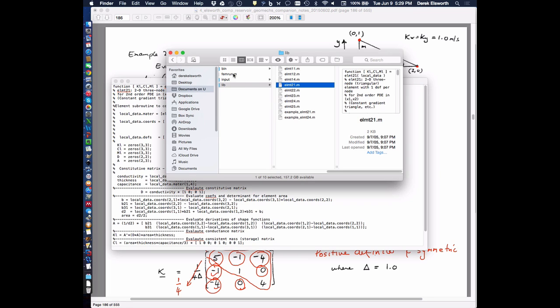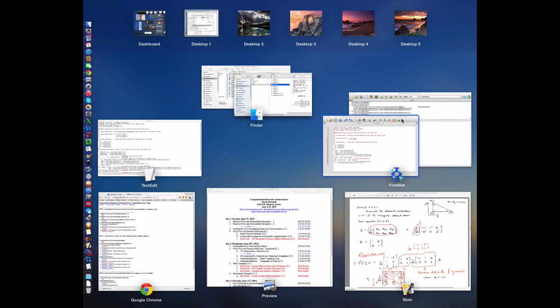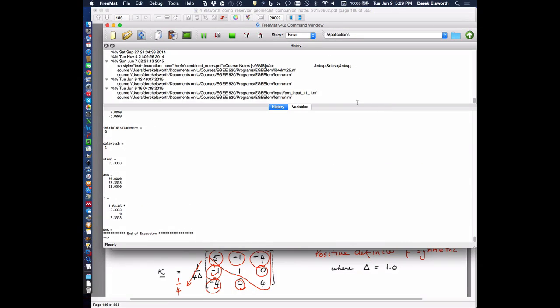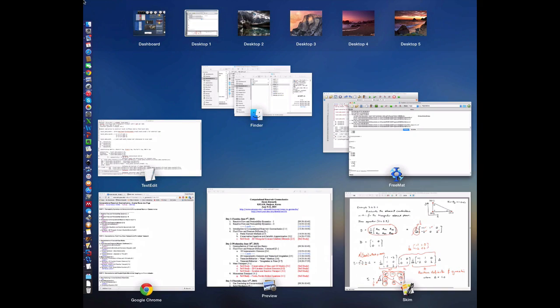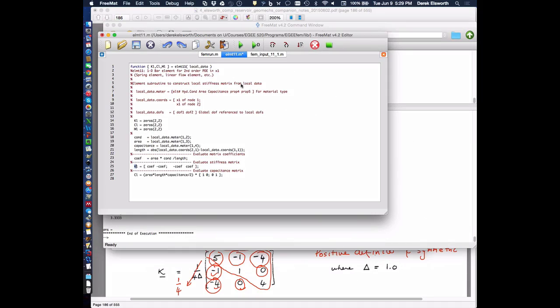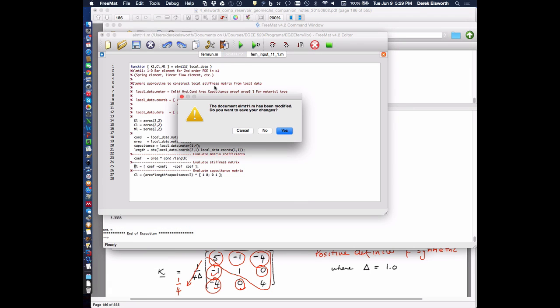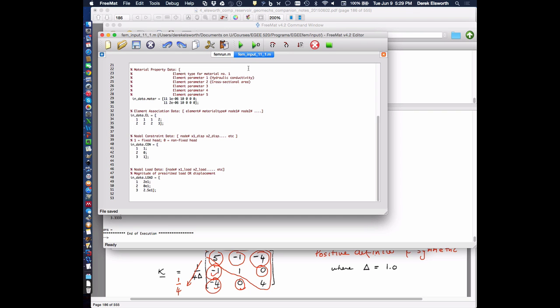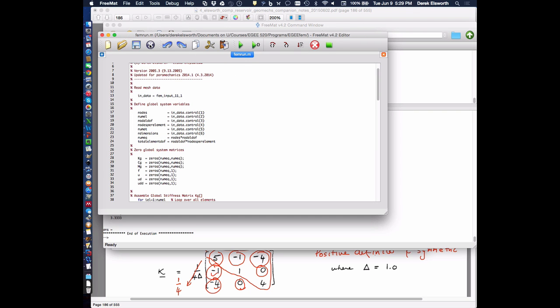Okay, let's do this. We have to, right. So bear with me. So what do we need to do? We can get rid of this. No, don't save changes. Don't get rid of this.